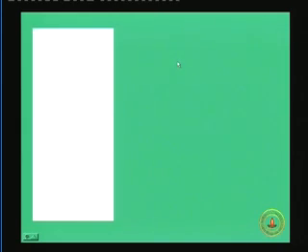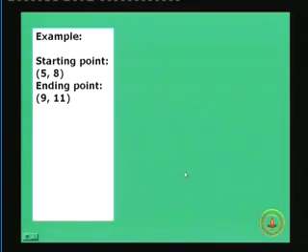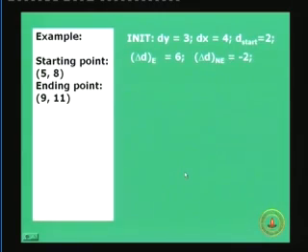Let us look back at the expressions. Delta d northeast is 2 multiplied by dy minus dx. We have already seen delta d east, which is 2 dy, a value of 6. And this is 2 into dy minus dx, so 2 into 3 minus 4, 3 minus 4 is minus 1, so you get minus 2 for delta d northeast. So, all the initialization is over.